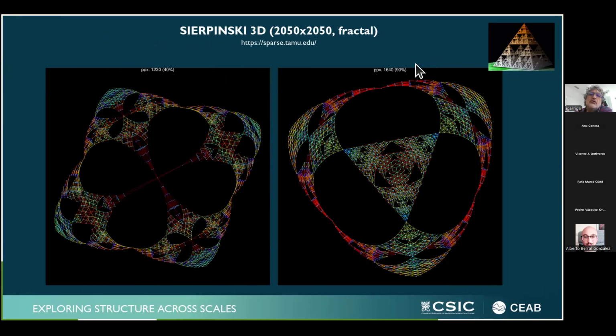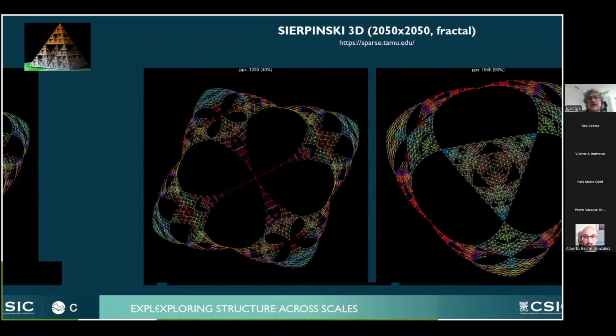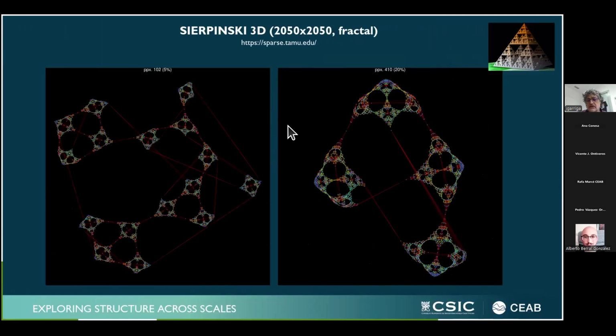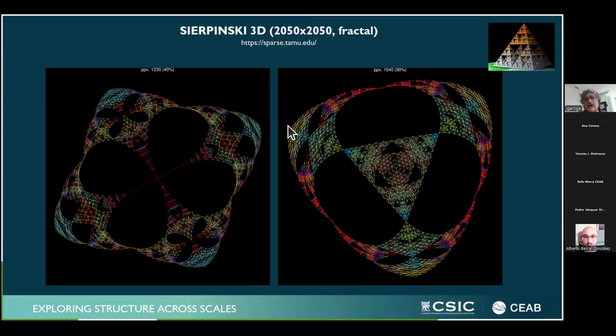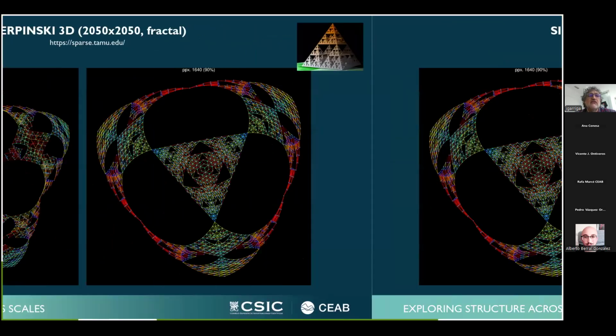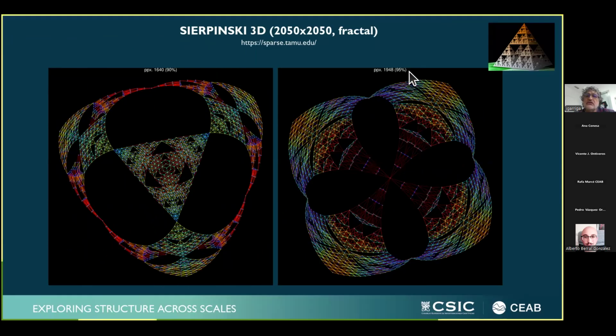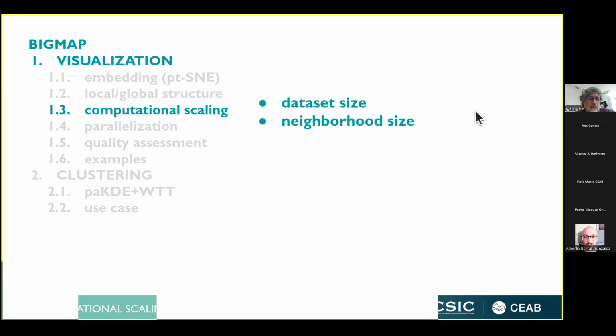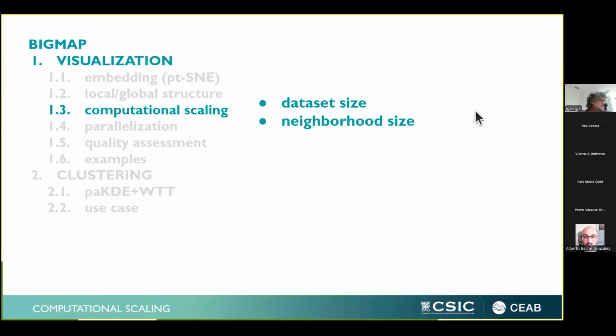Here, for instance, we have moved up to 90% of all the data, and what we capture is that all the little structures that we were seeing here get connected all together, showing the whole structure of the pyramid. And finally, we have this, in which we have used 95%, and we can clearly see the four faces of the tetrahedron.